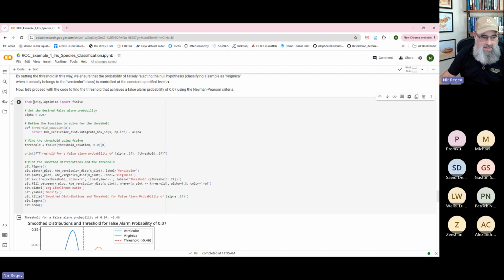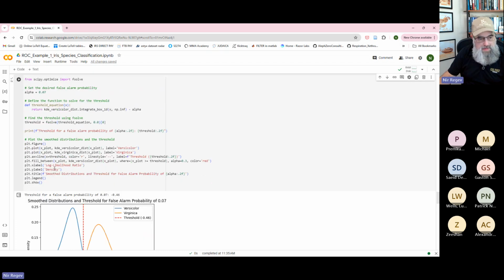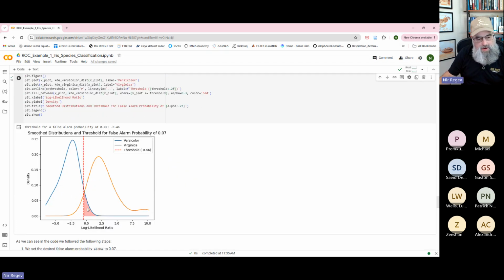This is from the library SciPy optimize. We use the fsolve optimization method, and we solve for the threshold. We solve this integral equation, and we set the threshold to be whatever we got as a result. And here we can see now the line of the threshold on this graph.